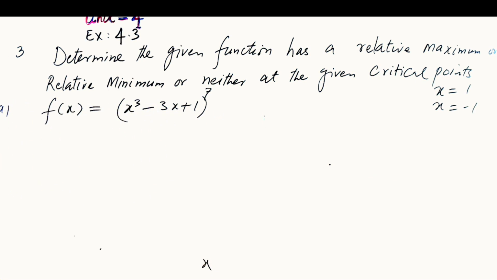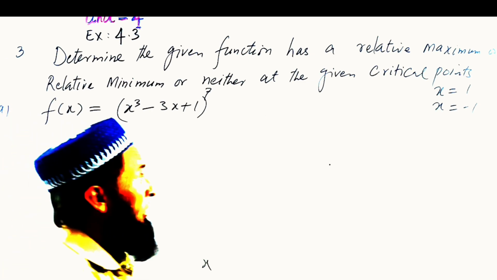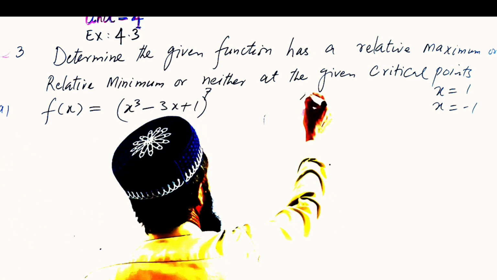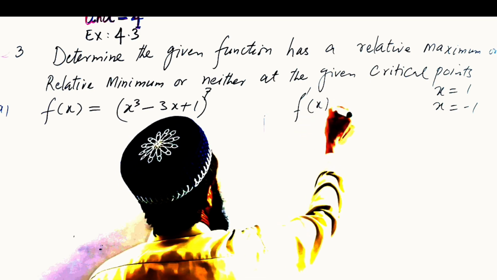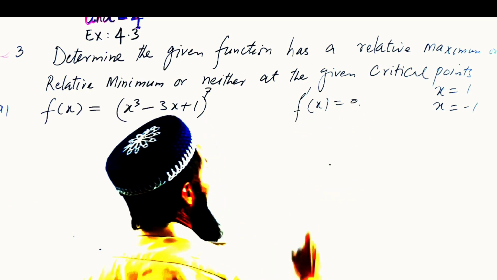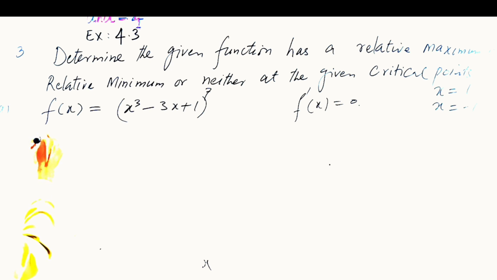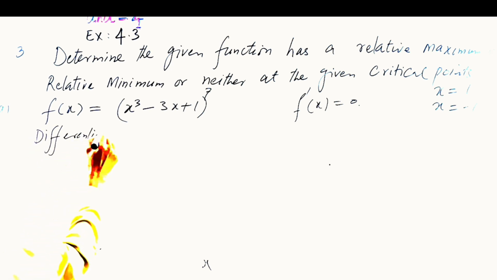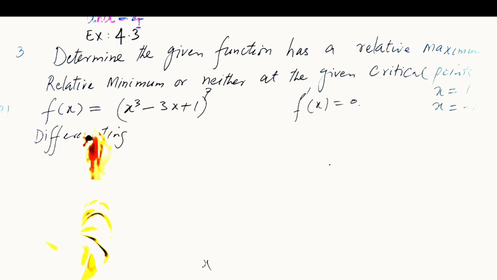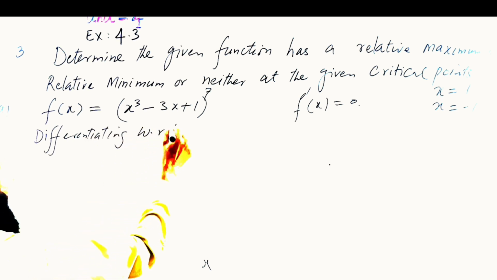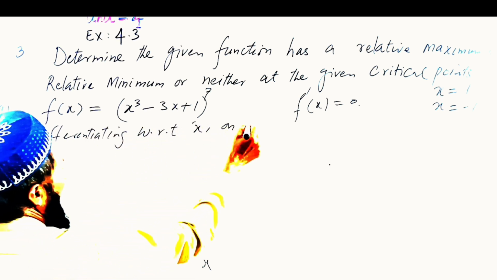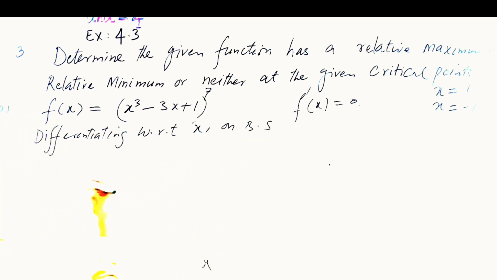So first of all, when the critical points are given, we use the first derivative f dash x is equal to 0. Now first of all, we are differentiating this function with respect to x on both sides of this equation.